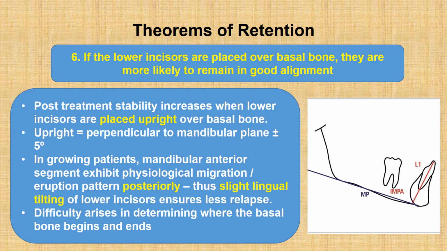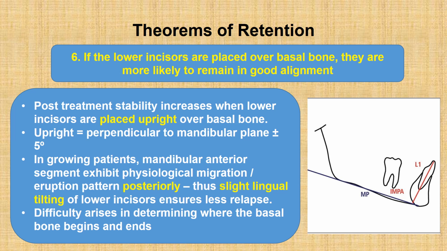Now, if the lower incisors are placed over basal bone, they are more likely to remain in good alignment. Now, post-treatment stability increases when lower incisors are placed upright over basal bone. Now, upright means it's perpendicular to the mandibular plane plus or minus 5 degrees.